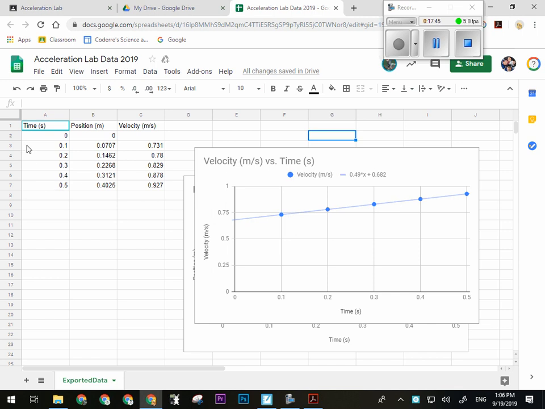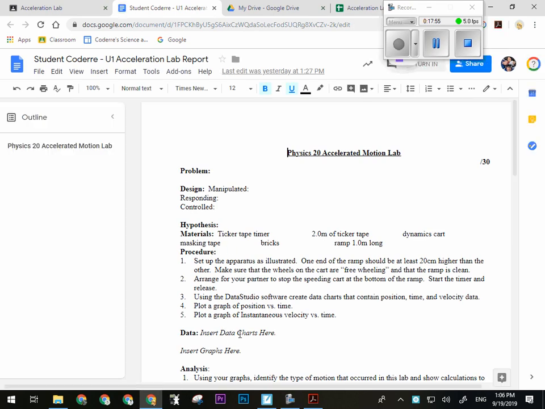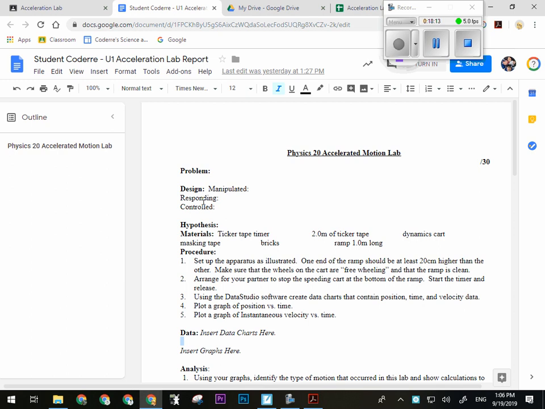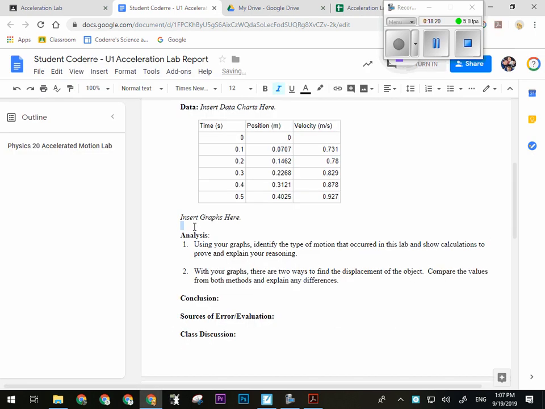Once you have them done, this is the thing people didn't do the last time. You have your lab report open, and here in the data it says insert data charts here, insert graphs here. So remember to insert both, because a number of you lost marks on the last lab because you didn't do that. So we're just going to copy that data over. I'm going to put it in here, and I'm going to link it, and then I'm going to put in my graphs.